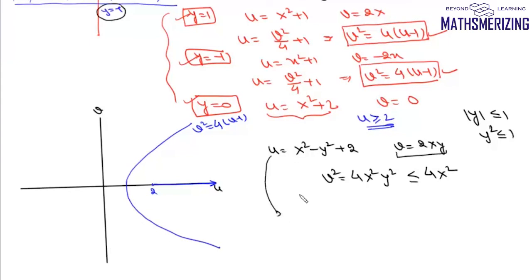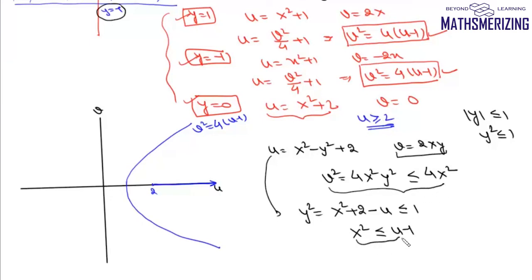Now from this first equation we can write y square as x square plus 2 minus u, and again it is less than or equal to 1. So from here we'll write x square is less than or equal to u minus 1. So now we have two inequality relationships, which are v square is less than or equal to 4x square and x square is less than or equal to u minus 1. So from these two we'll get the condition, which is v square is less than or equal to 4(u minus 1).